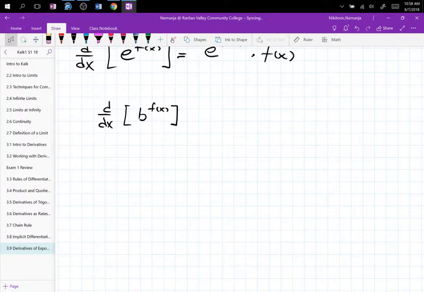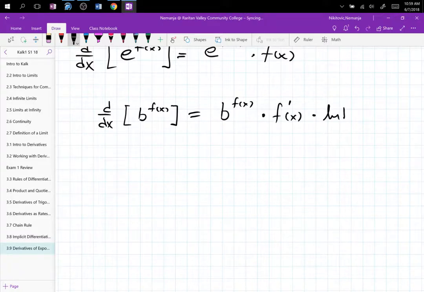And then you are going to have whatever function in the exponent. So you cannot have a more general case than this. This is it. What is the derivative? The derivative is going to be b to the f of x times f prime of x times ln b.